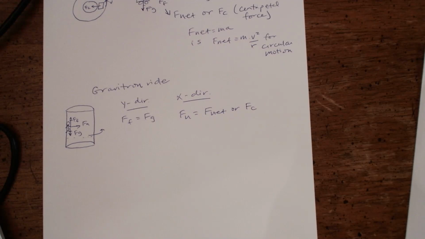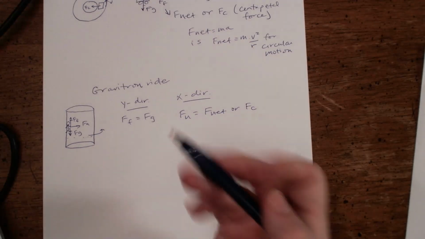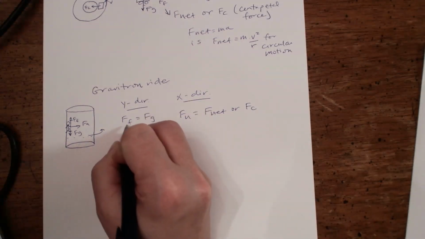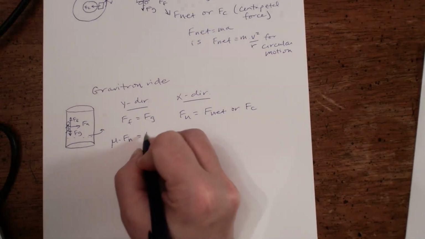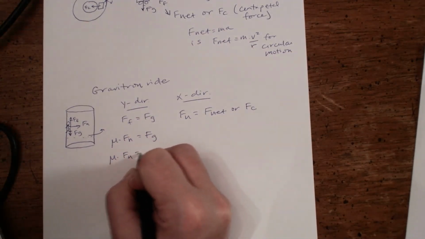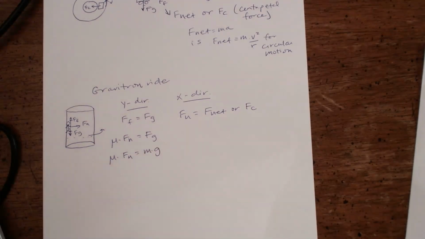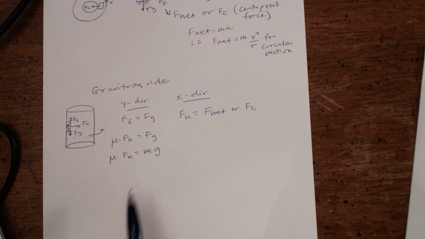So again, with this one, we can set some things equal to each other to help us out, right? Remember that friction is the same as mu times normal force, and that equals our force of gravity. Mu times normal force could also equal m times g, if we wanted to remind ourselves what force of gravity is.